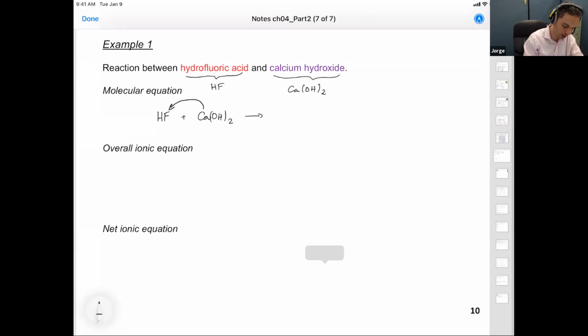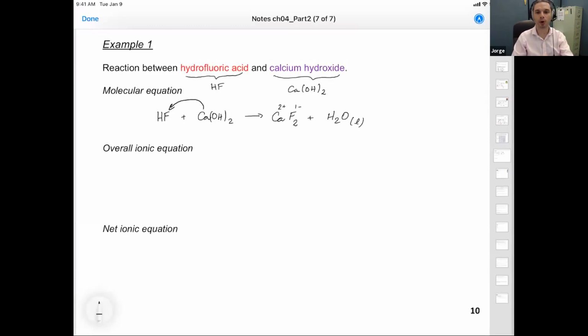That's going to combine with fluoride. Attention here with the charges. Calcium is always 2+, and fluoride is always 1-. We need to cross the charges here. So that's going to form CaF2, attention, that's our salt, plus water. Okay, this is liquid.